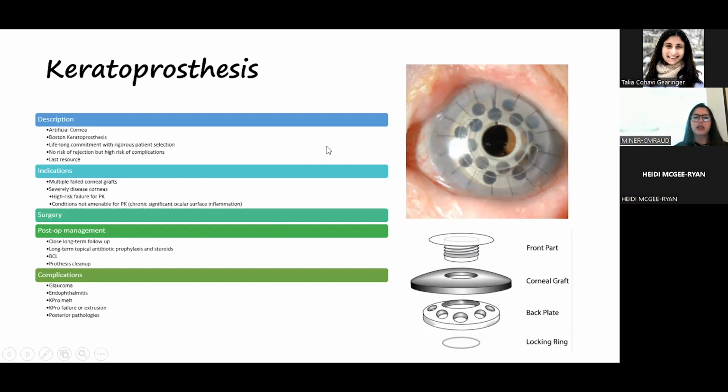But the problem with this type of transplant is that the patient has to have a lifelong commitment to follow-up, because they do have a very, very high risk of multiple complications within years after the surgery.